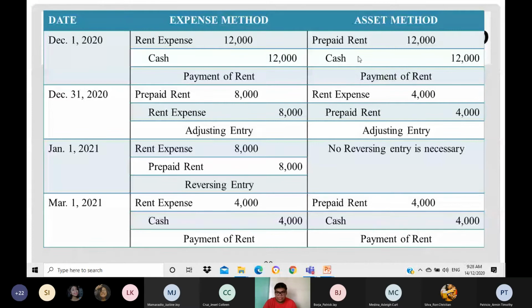Number two, it is expedient in the sense that there is no need to prepare adjusting entry at the end of the accounting period.